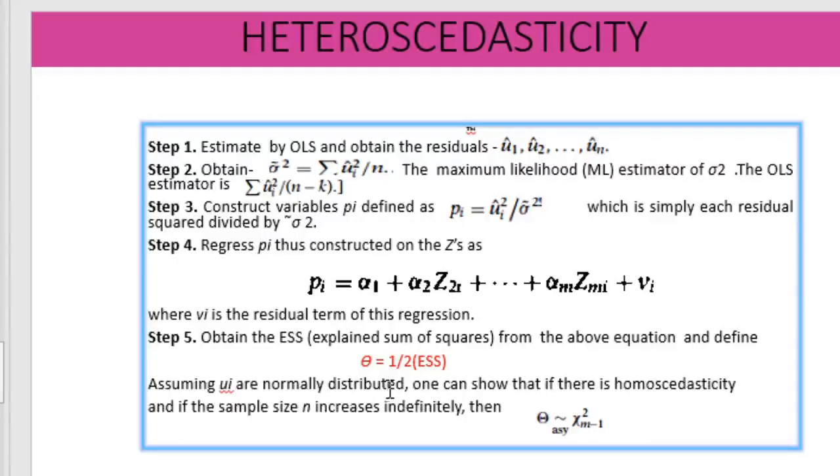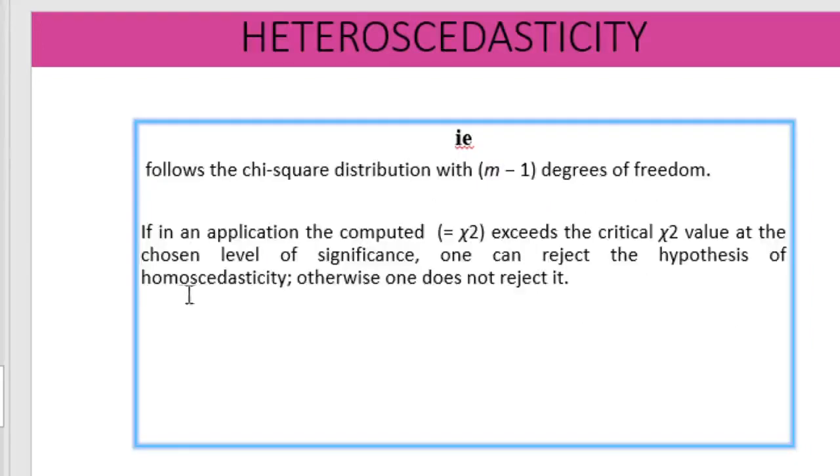Assuming ui are normally distributed, one can show that if there is homoscedasticity and the sample size n increases indefinitely, then theta follows the chi-square distribution with m minus 1 degrees of freedom. If in an application the computed chi-square exceeds the critical chi-square value at the chosen level of significance, one can reject the hypothesis of homoscedasticity. That is, there is heteroscedasticity.